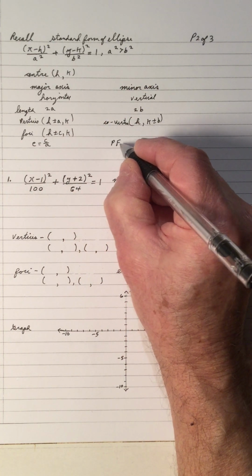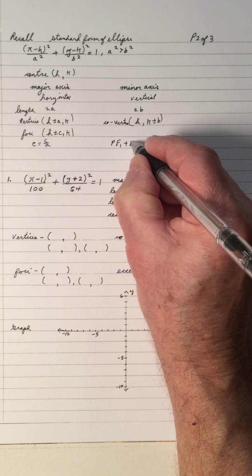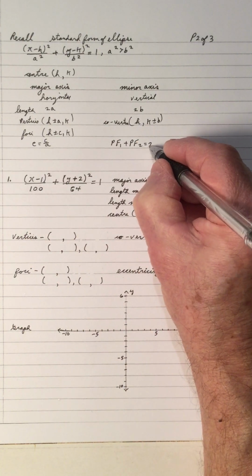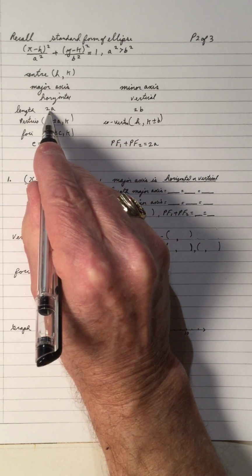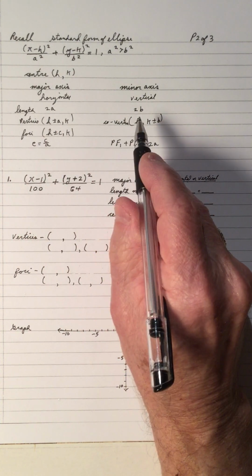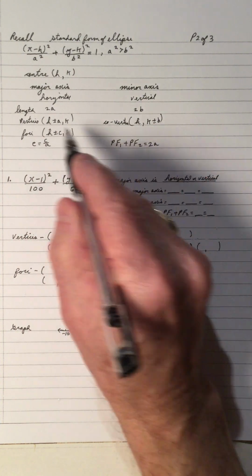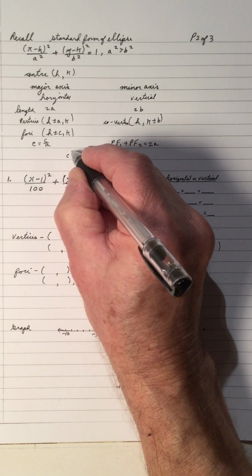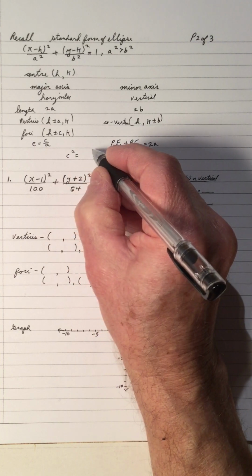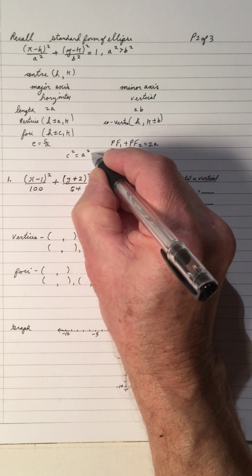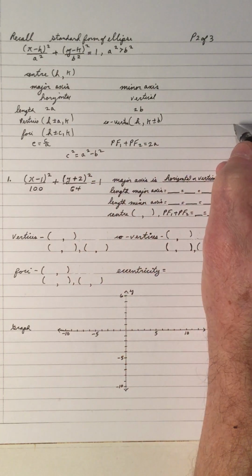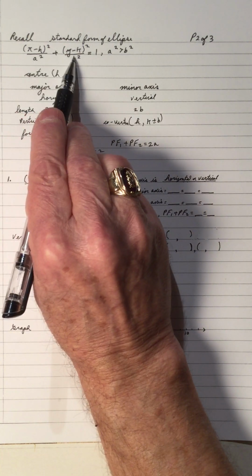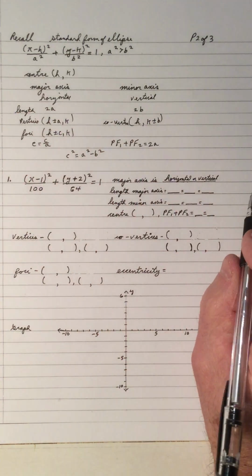The distance from a point to focus 1, plus the distance from the point to focus 2, is always 2a, the length of the major axis. And the value of c, the distance the foci are from the center, is the square root of a squared minus b squared: the larger number minus the smaller number.